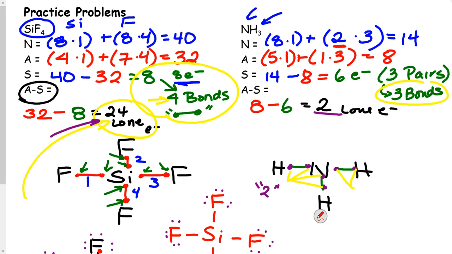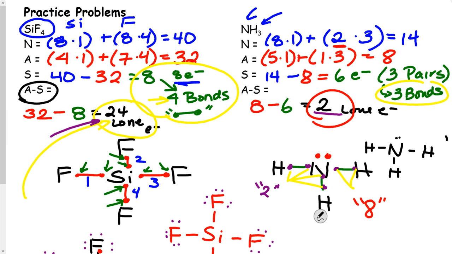So if we look at the fact that we have 2 lone electrons left over and the nitrogen already has 6, if we place the remaining 2 electrons on the nitrogen, it gets us to the magic number of 8 for our octet. So again, just to kind of clean this up for you, here's what your structure would look like with the lone electrons.